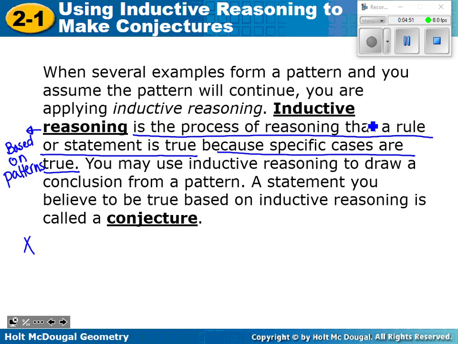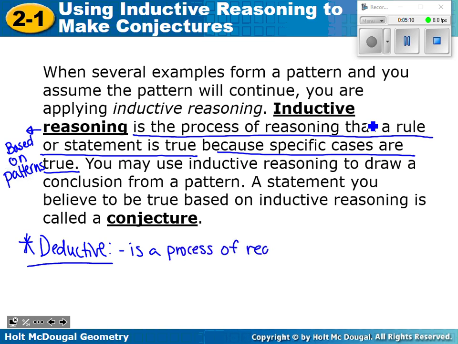Go ahead on your paper. We're going to write the definition for deductive. They'll talk about it in the next lesson, but let's go ahead and add it here. Deductive is not based on pattern. Deductive reasoning is a process of reasoning based on facts.